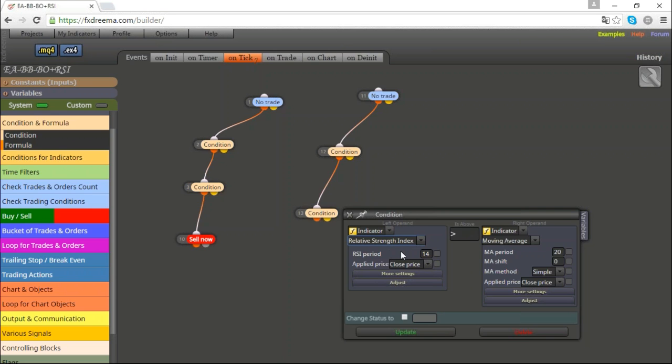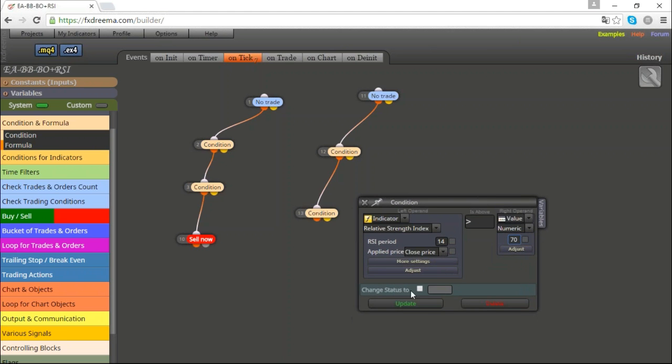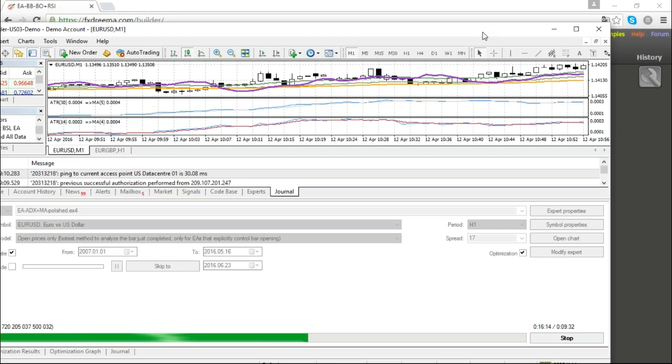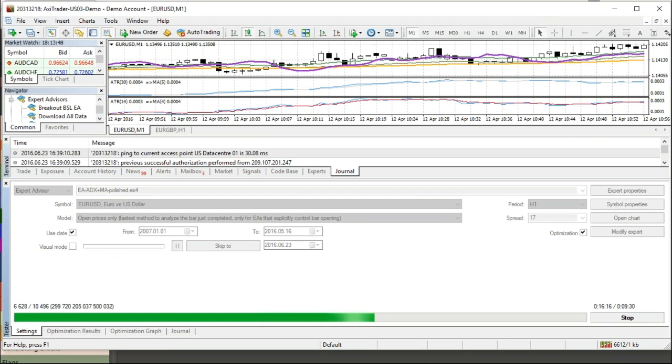Check if the RSI is above the value of 70, for example, right? That's an overbought level. What I'm doing here, if I show you now MetaTrader, is I'm taking very simple rules that everybody more or less would understand.